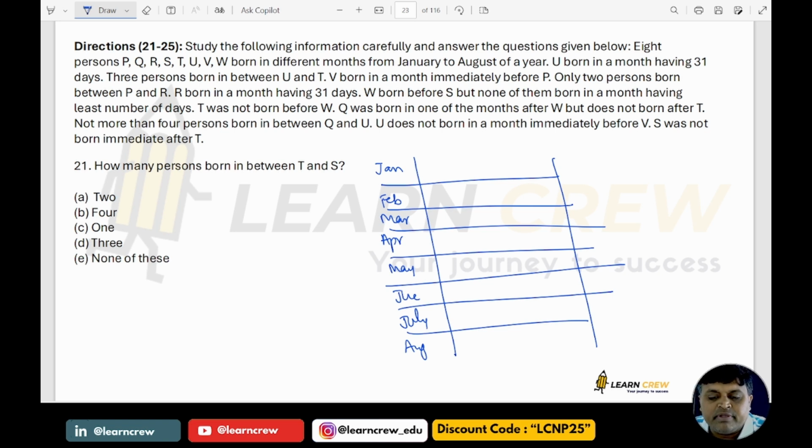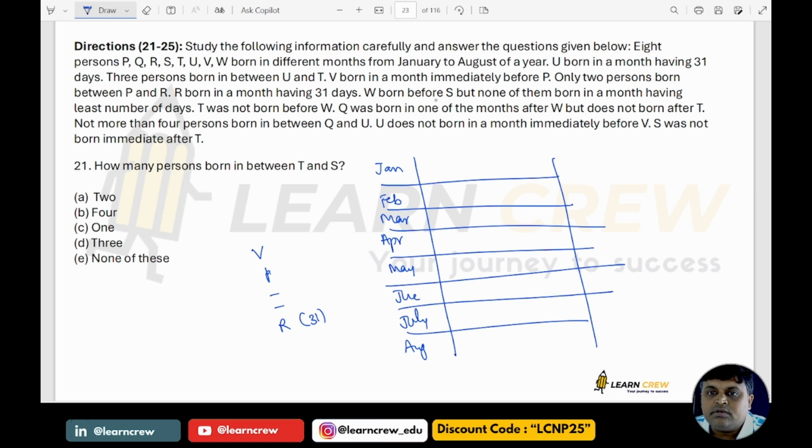V born in a month immediately before P. Only 2 persons born between P and R. R is born in a month having 31 days.